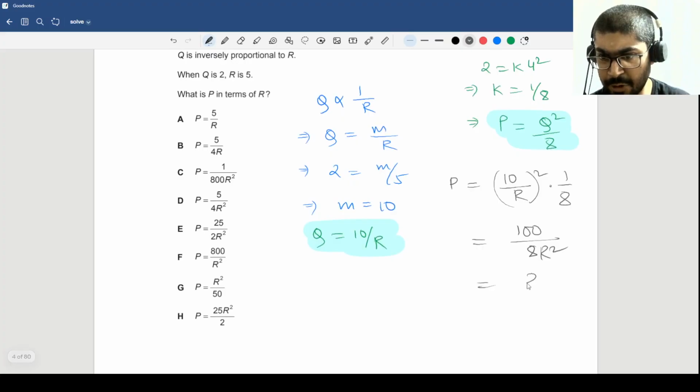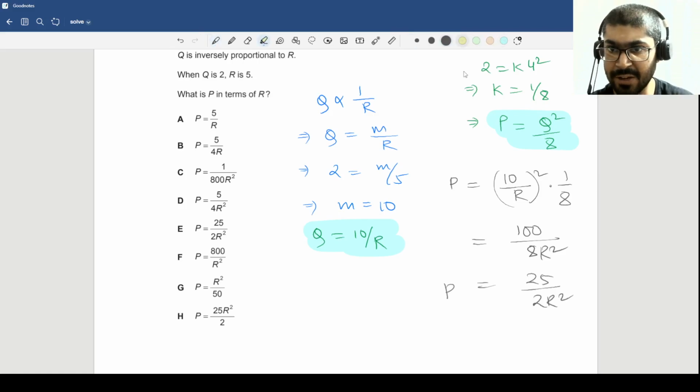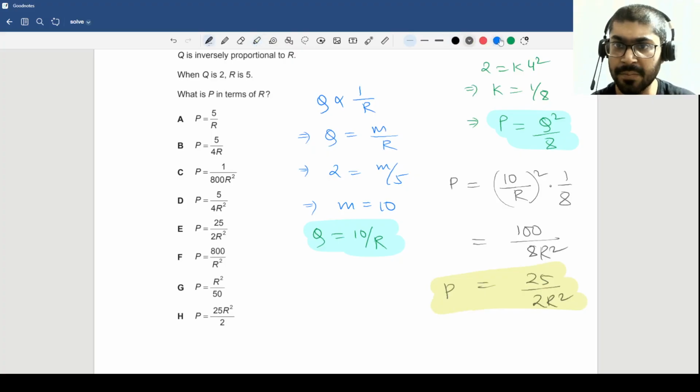You cancel by 4, you will get 25 by 2 R square. So P is equal to 25 by 2 R square. I think you will get this in the options. Check. Do I get it? 25, yeah, option E.